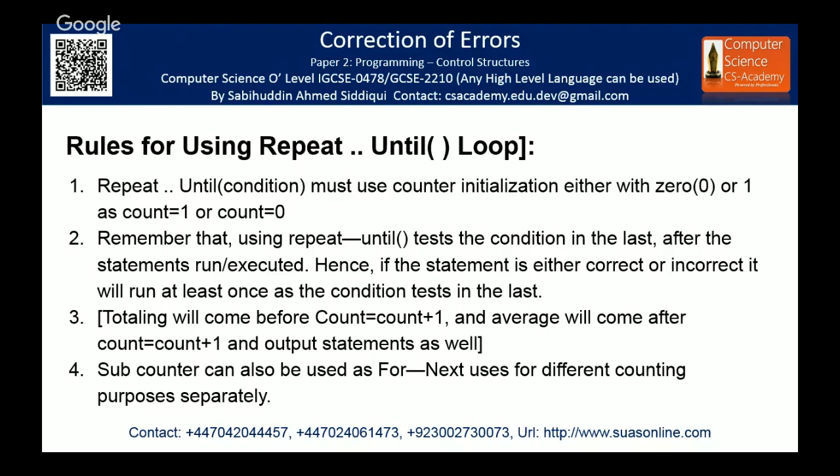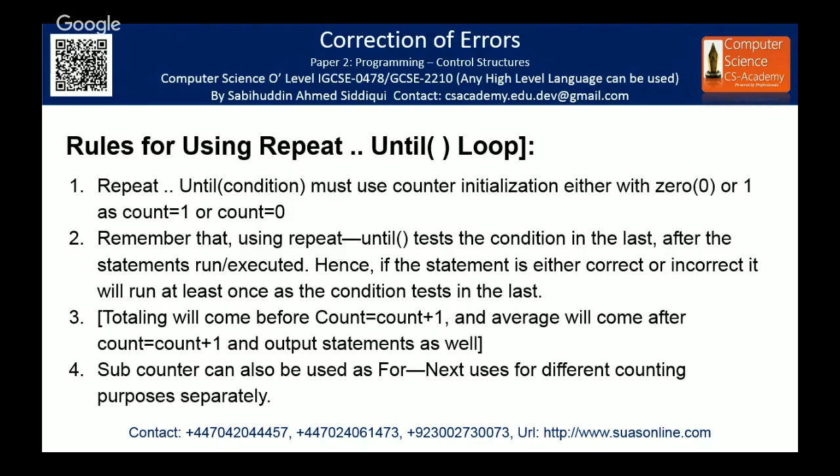Okay, so point number 4 is that a sub counter can also be used, as for next uses for different counting purposes separately, but here I am just referencing this: for starts from 1 till 100 or something like that. For the sub counters, let's suppose I am looking for some edible items such as chocolates, say Mars chocolate. I just want to have the Mars chocolate, and how many chocolates I have sold.